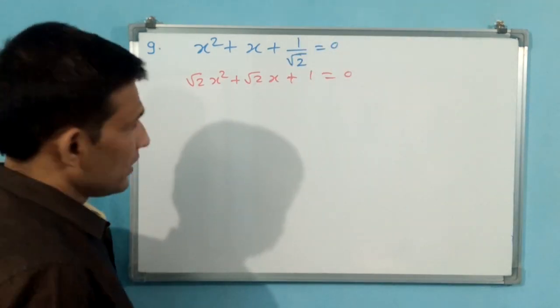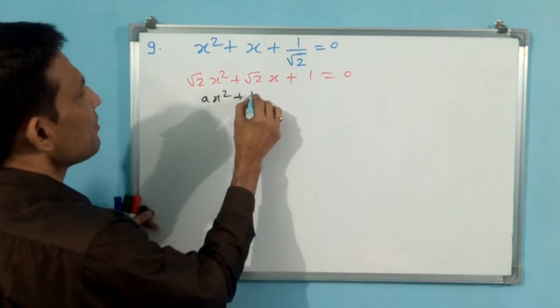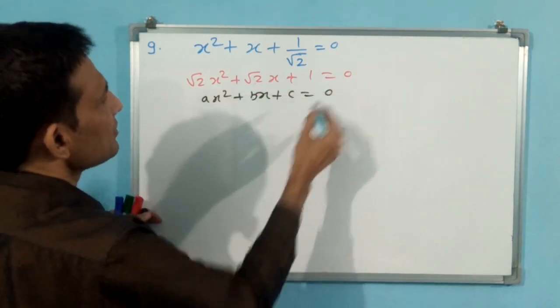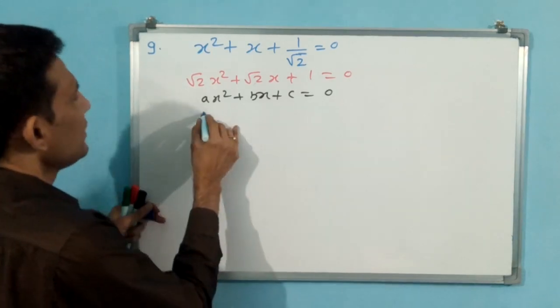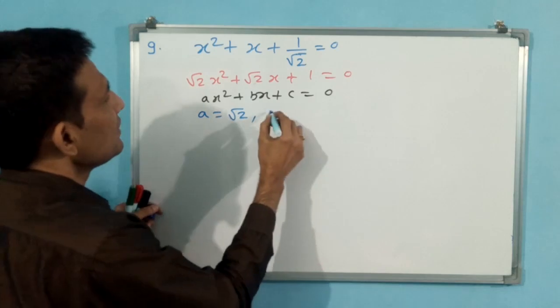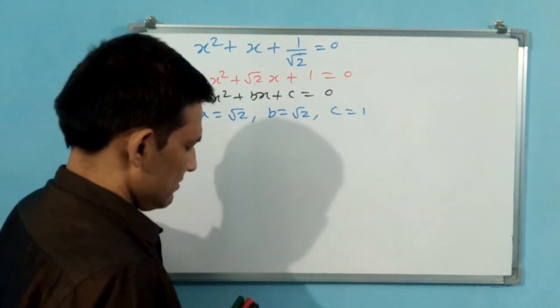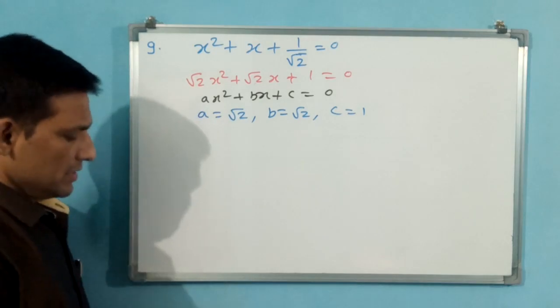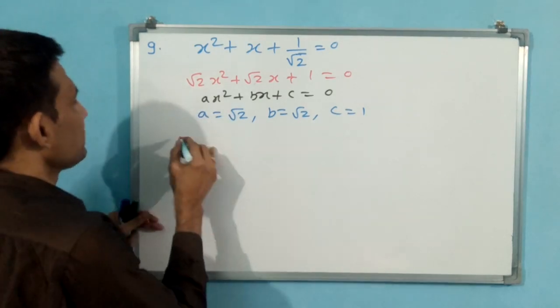Okay. Now you compare this with the standard equation. A x square plus b x plus c is equal to 0. If you compare this with the standard equation here, a will be root 2, b will be root 2, c will be 1. Okay? Now let us write x.